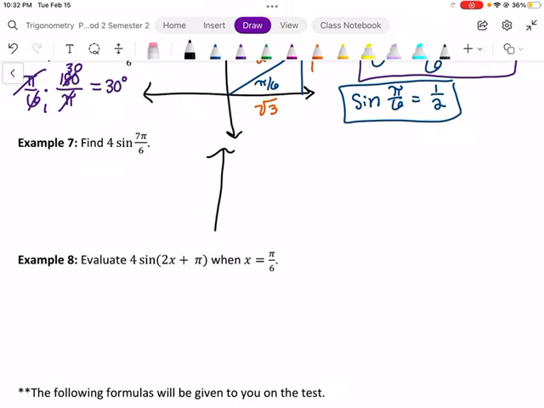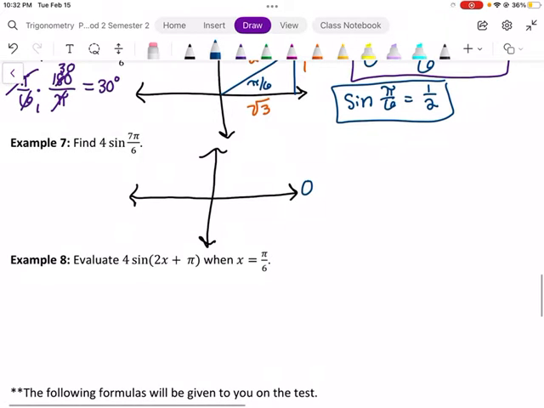Now looking at our next example. This one, we're going to take 4 times the sine of 7 pi over 6. So when we're looking at this, we know halfway across is pi, which would be the same thing as 6 pi over 6. So we need to go a little bit further because we're trying to get to 7 pi over 6.